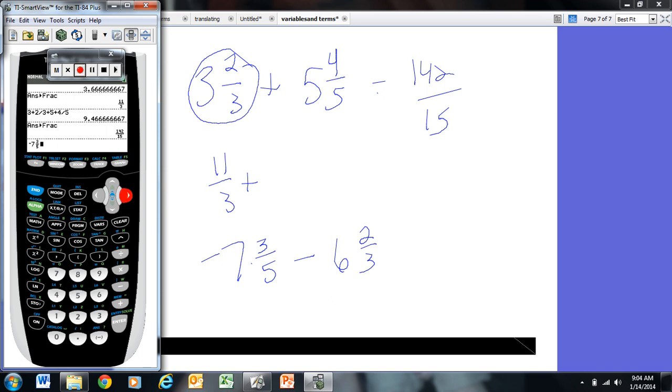I'm going to arrow over and do minus 6, oops, nope, can't do that. I have to do alpha y equals, enter, arrow to the left, now I'm going to do a 6, arrow to the right, 2, arrow down, 3, enter. And I get -214/15, also the correct answer.